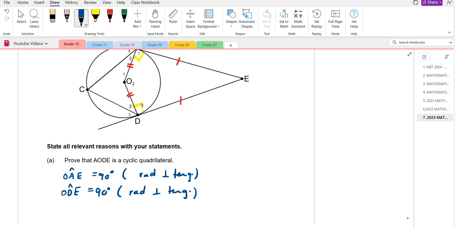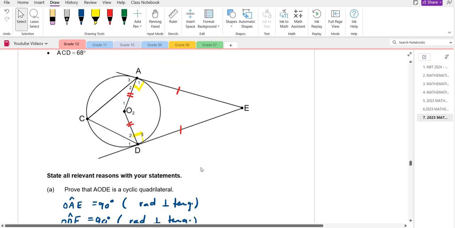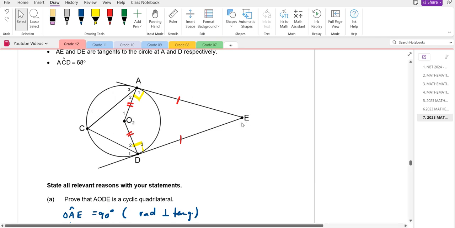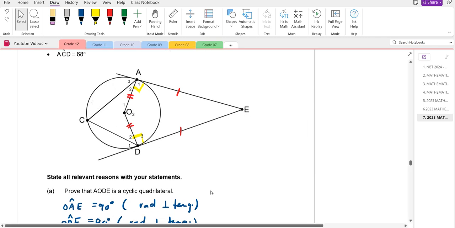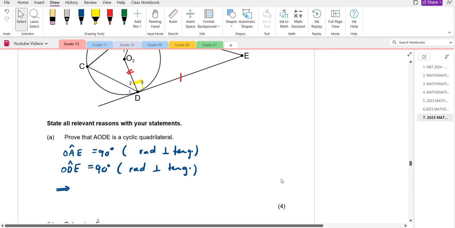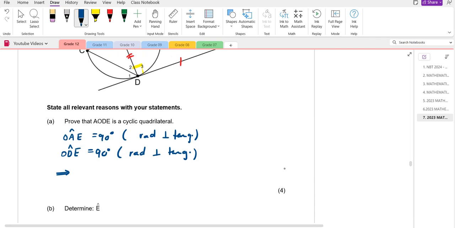This implies, what does that imply? OAE plus ODE is equal to 180, adding up those two angles, and now you have opposite angles supplementary. OAE plus ODE is equal to 180 degrees.